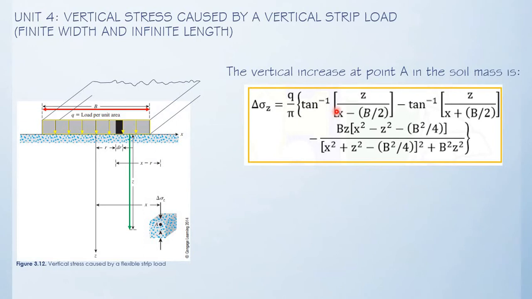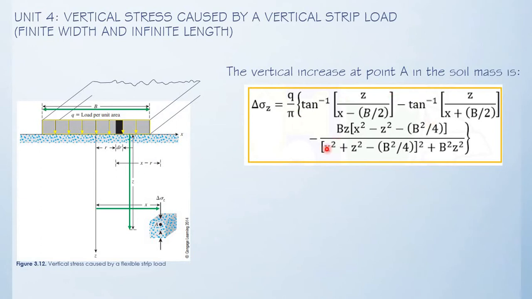Then we have the X parameter, which is the horizontal distance measured from the midpoint of the strip load up to the point of consideration. And finally, B, which is the finite width of the strip load. So as you can see, it is a lengthy equation, but there are only a few parameters to be used.